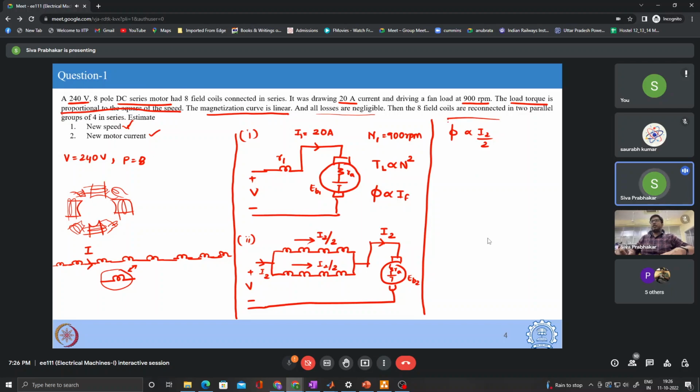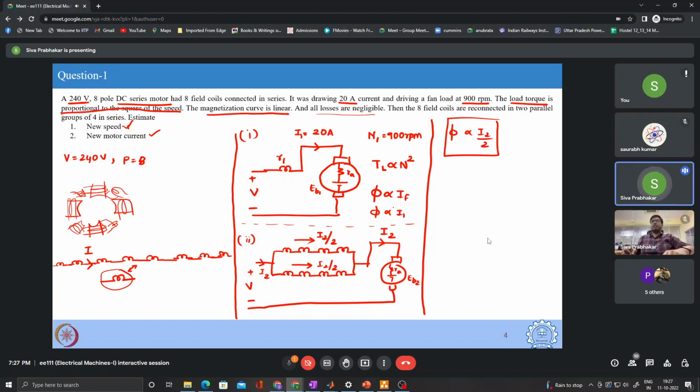This is the important thing. From the first part, flux is proportional to I1, and in the second part the new flux will be proportional to I2 by 2. Is there any doubt in understanding the question? No, sir. Proceed further. Okay.